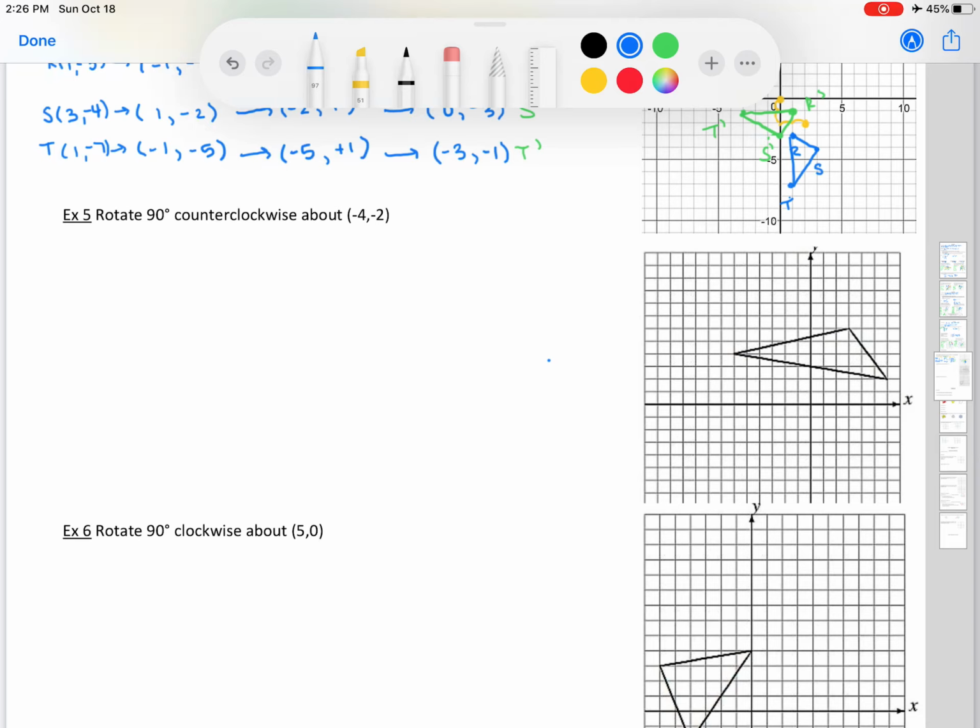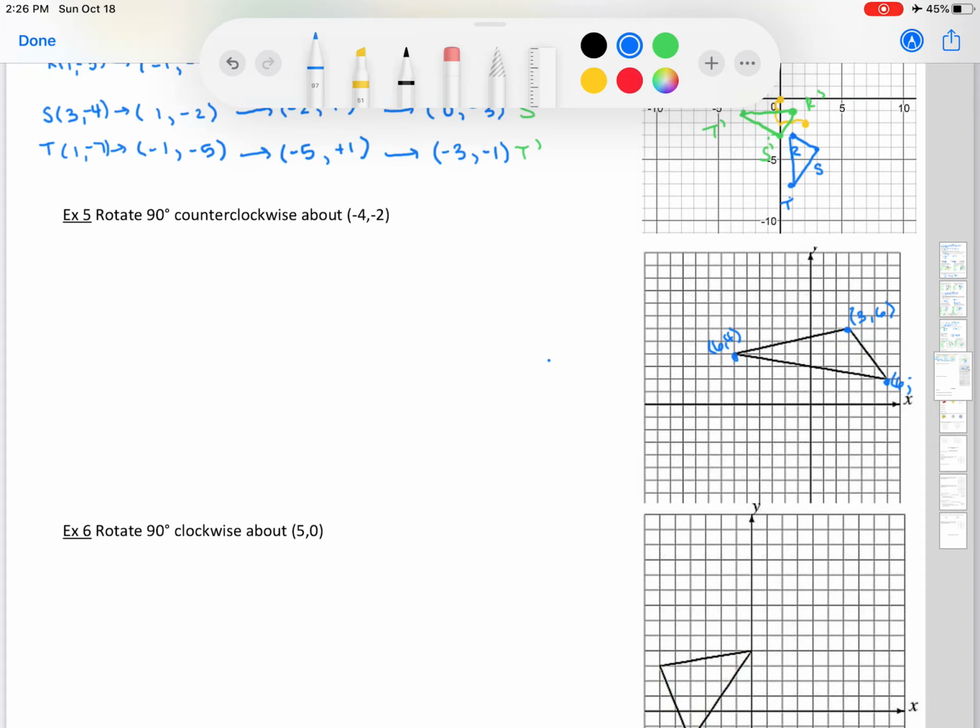So on example number 5, I want to start by figuring out what those coordinates are that they gave me. So this point here is over 1, 2, 3, 4, 5, 6, and up 4. This point here, they go over 3 and up 6.